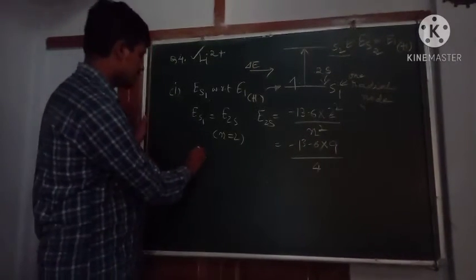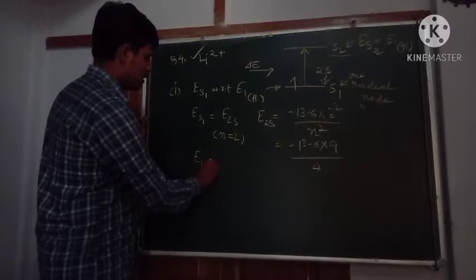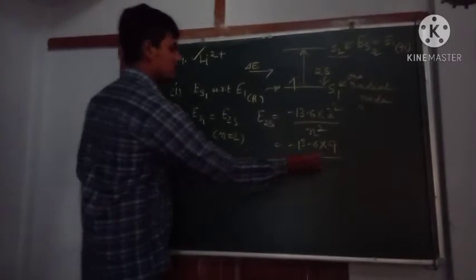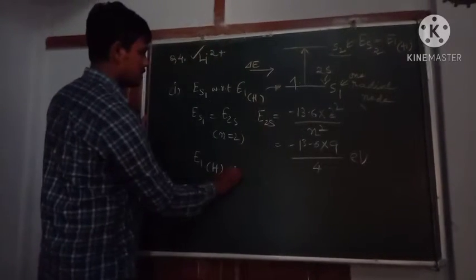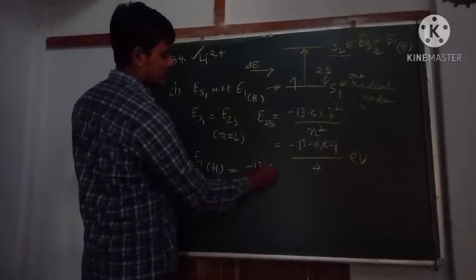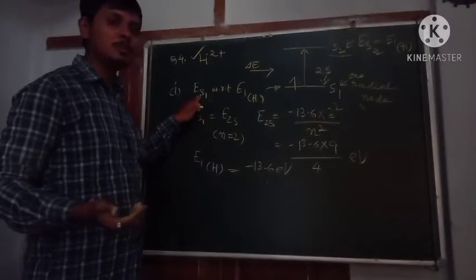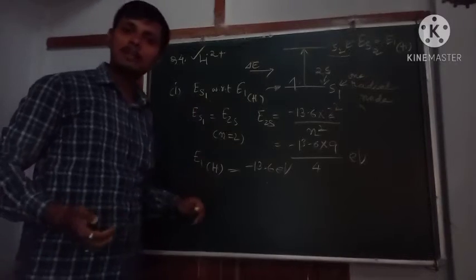So what is the energy of the ground state of hydrogen? This is minus 13.6 electron volt. That means what is the energy of the state S1 with respect to the ground state of hydrogen?